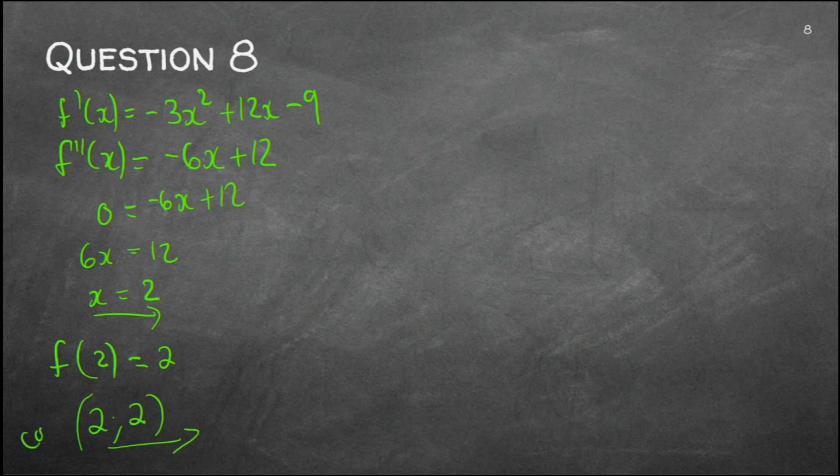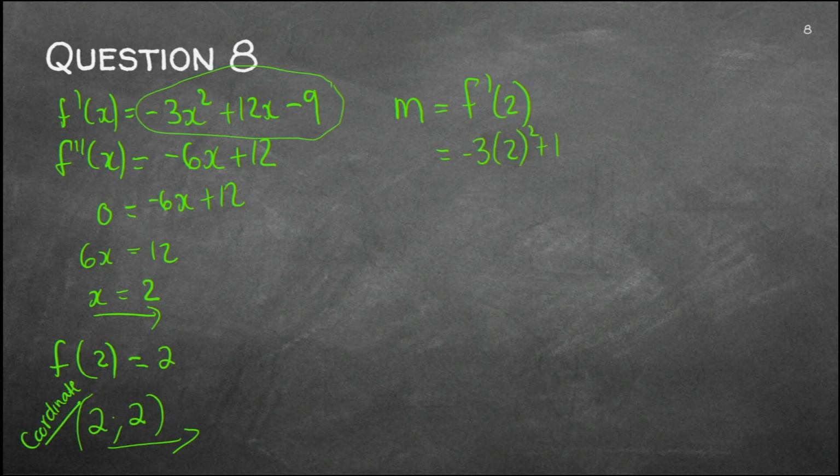That is the coordinate. Now, I need a gradient. I know the gradient of that straight line will be equal to the first derivative where x is equal to 2. So I'll sub it in to this first derivative. -3(2) squared plus 12 times 2 minus 9. And you will get a value of 3.